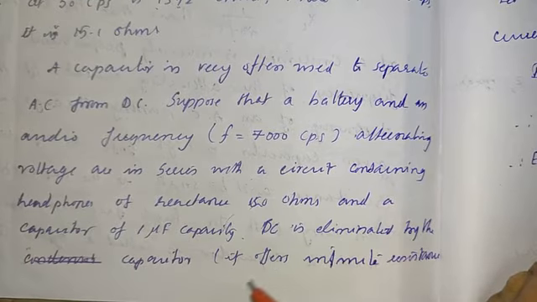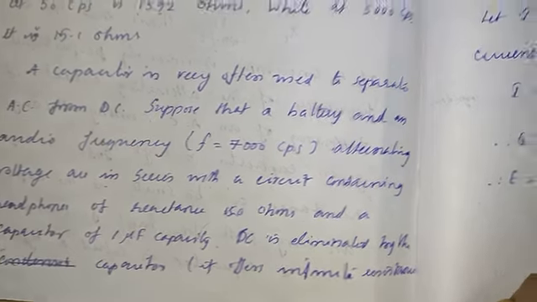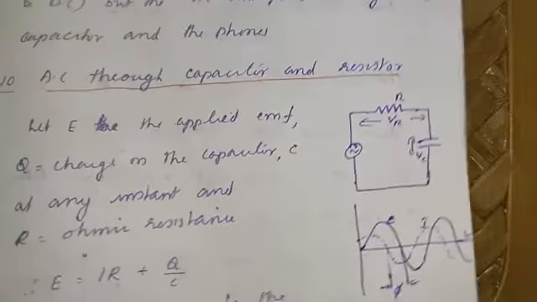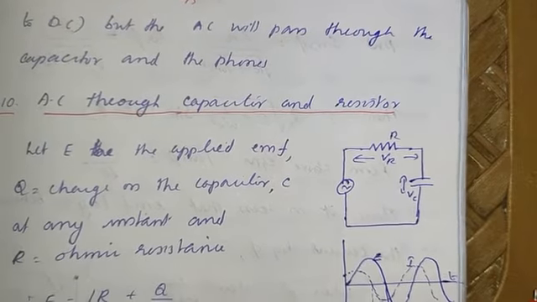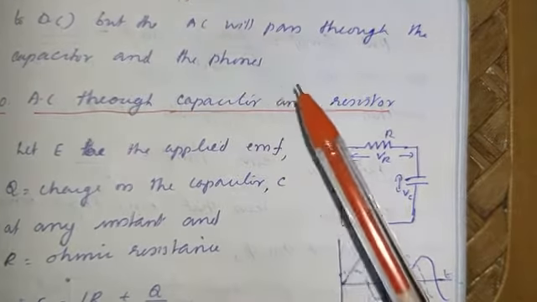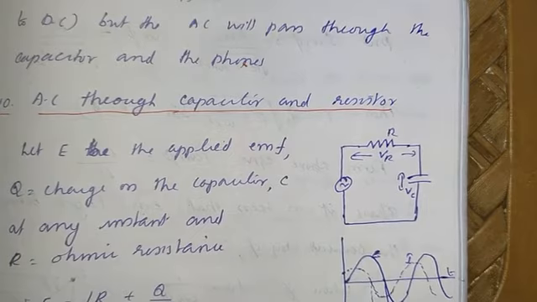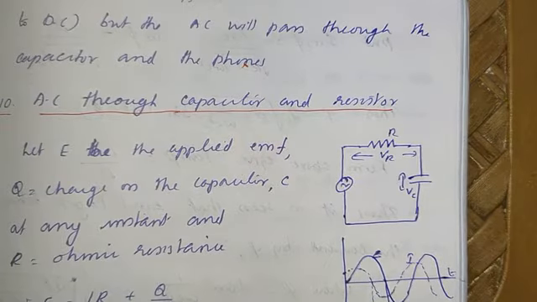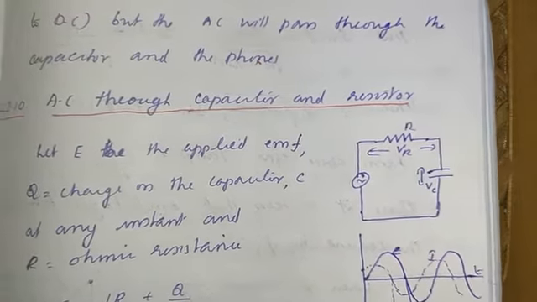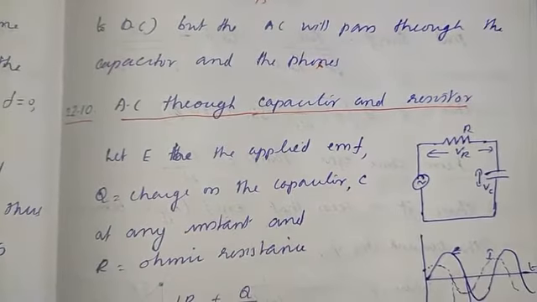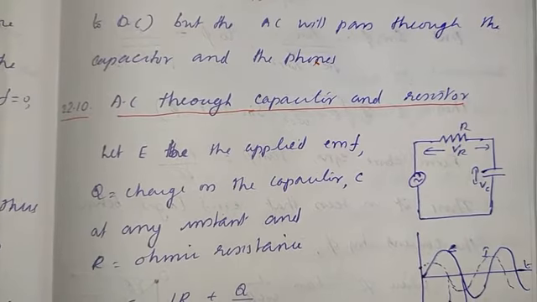DC is eliminated by the capacitor since it offers infinite resistance to DC, but the AC will pass through the capacitor and the phone. This is quite clear from the above discussion using the capacitive reactance formula 1 by 2 pi Fc. Okay, so this is about the AC through a capacitor component.